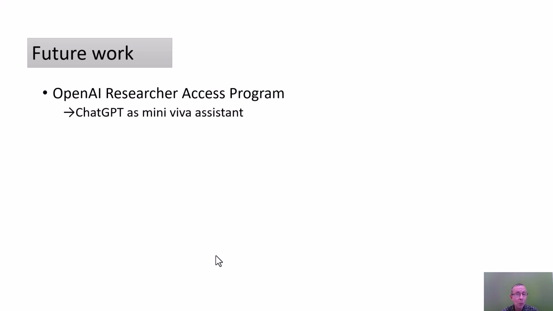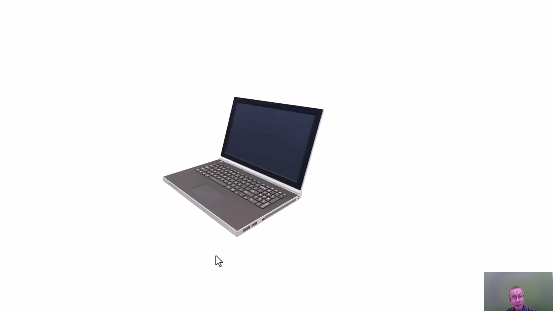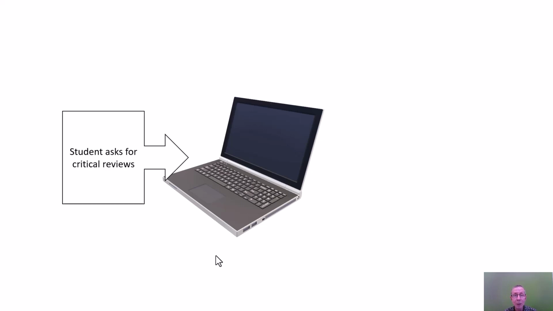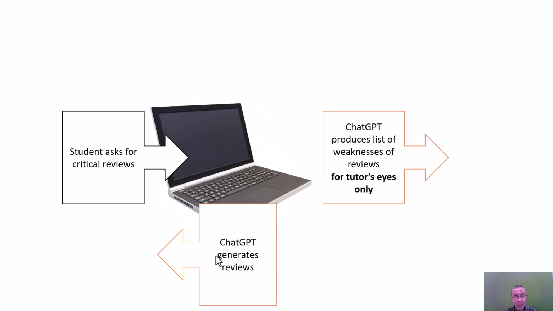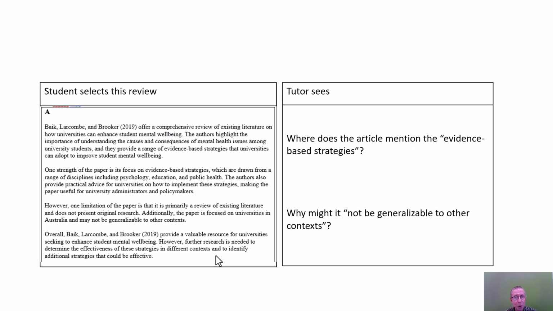The hope is that we can create a system that works in the background or over the top of ChatGPT, so that when the student asks for the reviews to be generated, ChatGPT will simultaneously generate a list of weaknesses for each review. This list of weaknesses would be available to the tutor only, and would be presented as a list of questions to ask the students. A simplified example is shown here.